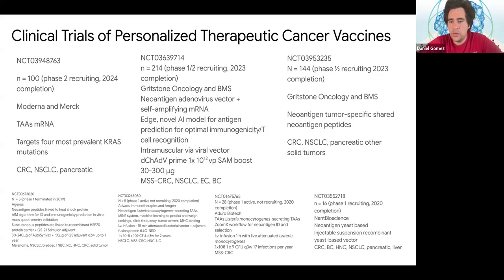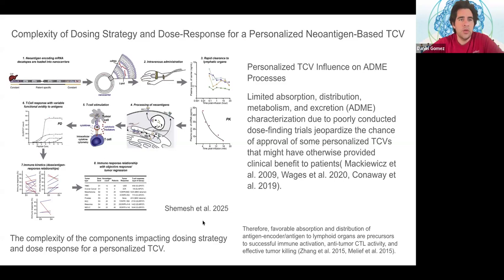And then phase one recruiting, for NEC Bioscience, a neoantigen yeast-based injectable suspension, a recombinant yeast-based vector, for CRC, BC, HNC, NSCLC, pancreatic and liver, which had 16 patients. So these are early phase one trials, some recruiting and not recruiting. Other ones are complete. So we'll go over the dosing strategy next.